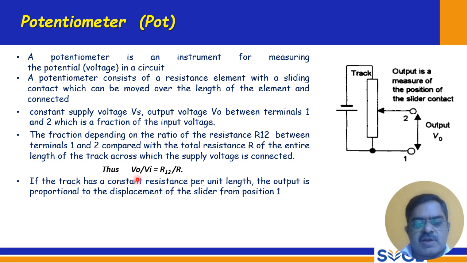So thus V0 by Vs equals R12 by R. R12 is the output resistance, and if the track has a constant resistance per unit length, the output is proportional to the displacement of the slider from position 1. So this is a simple pot construction.